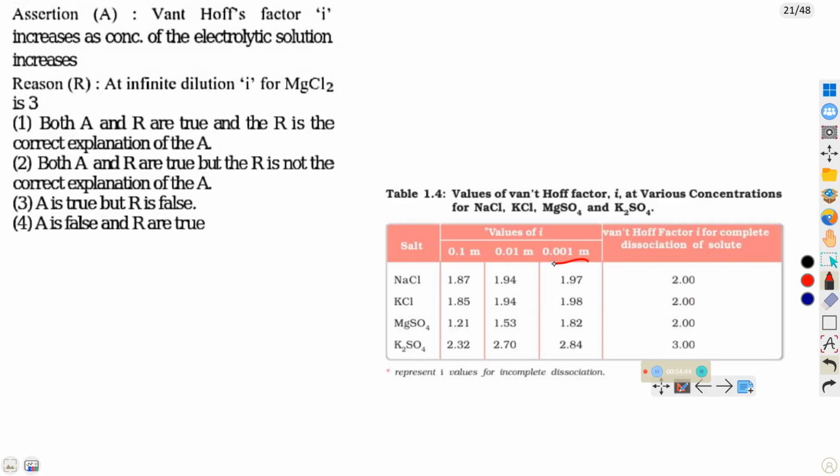See here, as concentration of electrolytic solution increases, the Van 't Hoff factor value decreases. So statement 1 is wrong. At infinite dilution, Van 't Hoff factor value of MgCl2 is 3. Yes, that is correct. MgCl2 dissociates like Mg2+ and 2Cl minus. A is false, R is true.